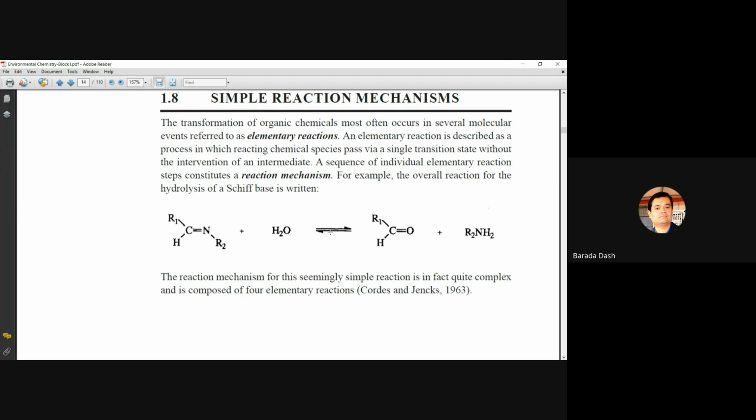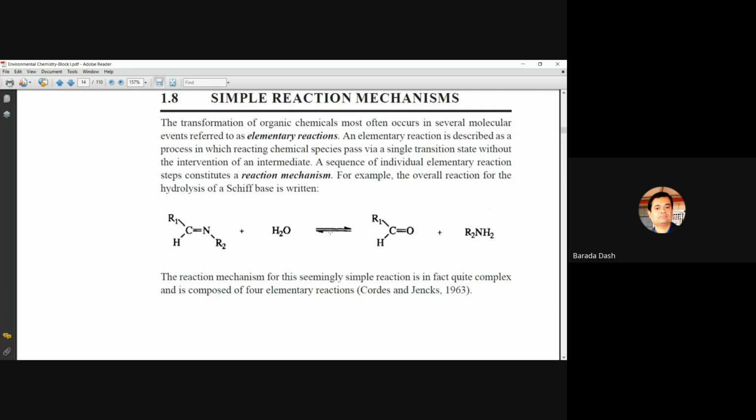It is a process in which reacting chemical species pass via a single transition state without the intervention of an intermediate. A sequence of individual elementary reaction steps, step 1, step 2, constitutes the reaction mechanism.